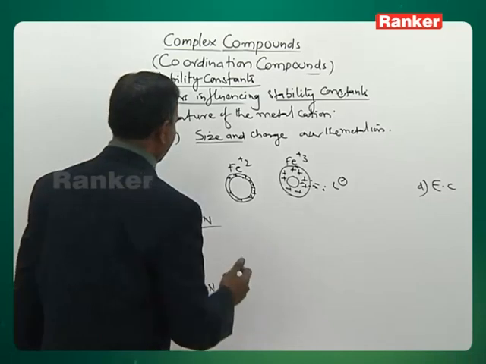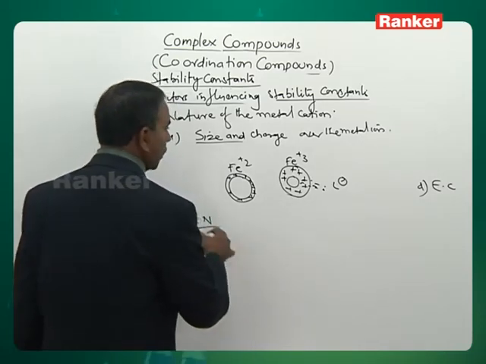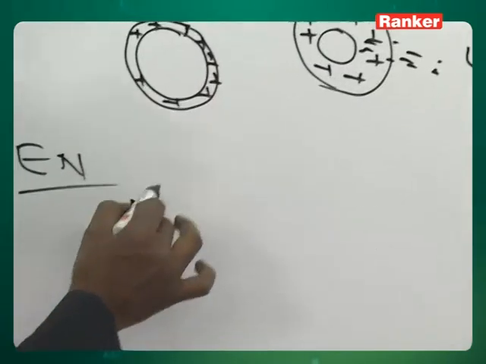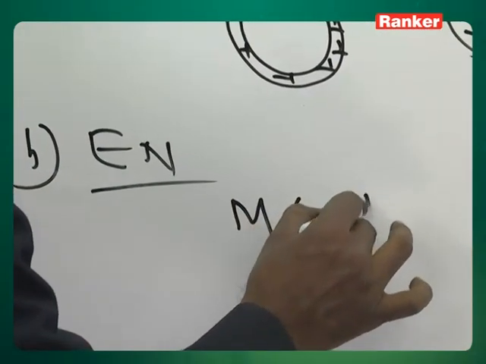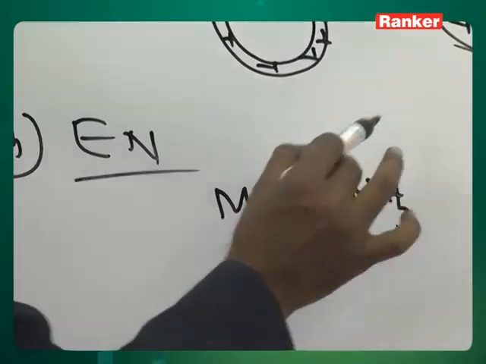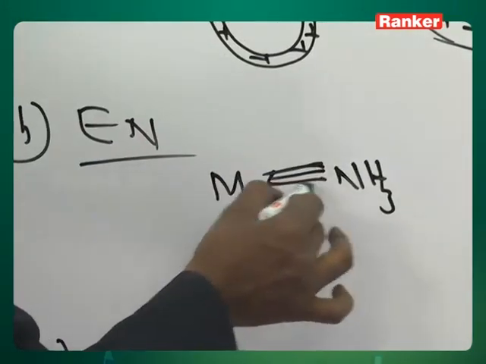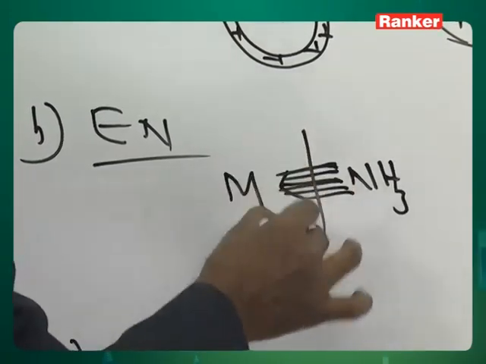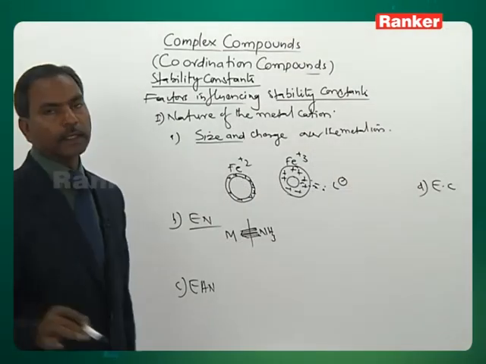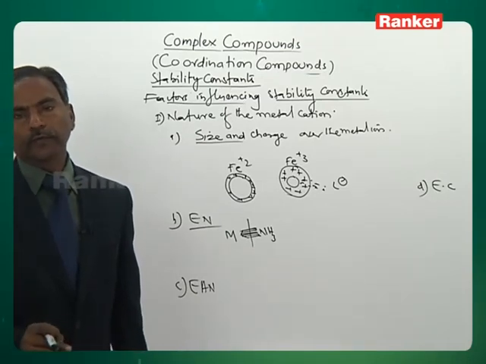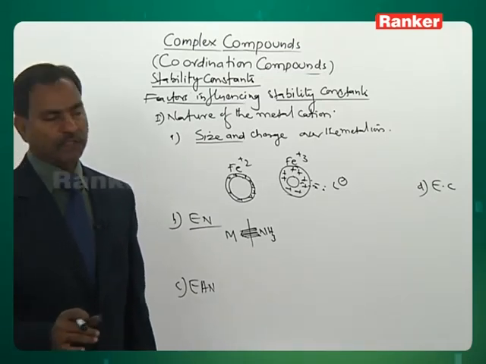Therefore, a more electronegative metal ion produces a more stable complex. The greater the electronegativity of the metal cation, the more highly stable the complex it can produce.